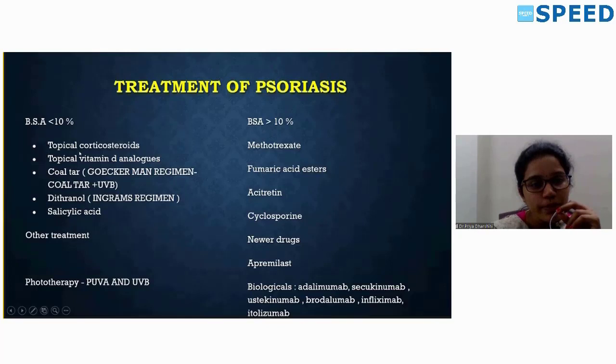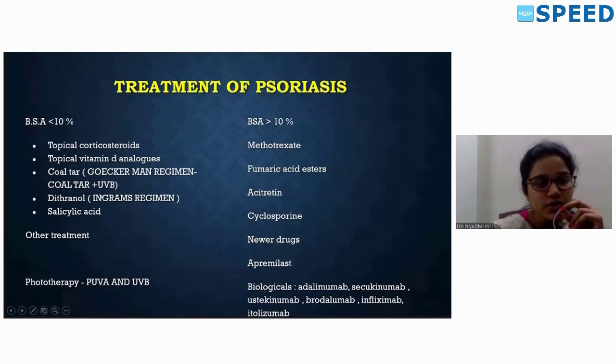In topical treatment, what you can give is topical corticosteroid, with or without vitamin D analogs. Topical potent corticosteroids you have to give. This is the first line treatment for mild psoriasis. Vitamin D analogs, you have calcipotriol ointment and calcitriol ointment that you can give.